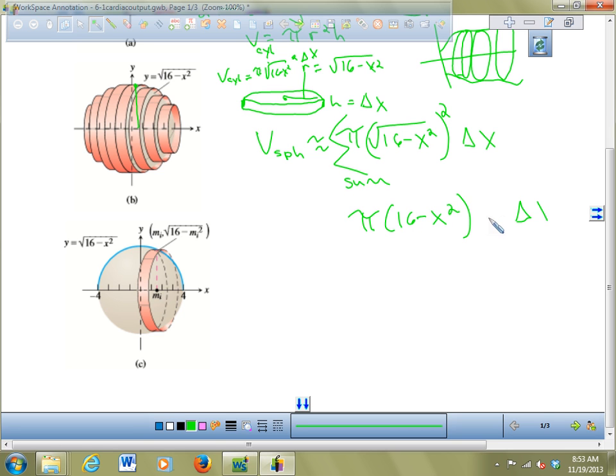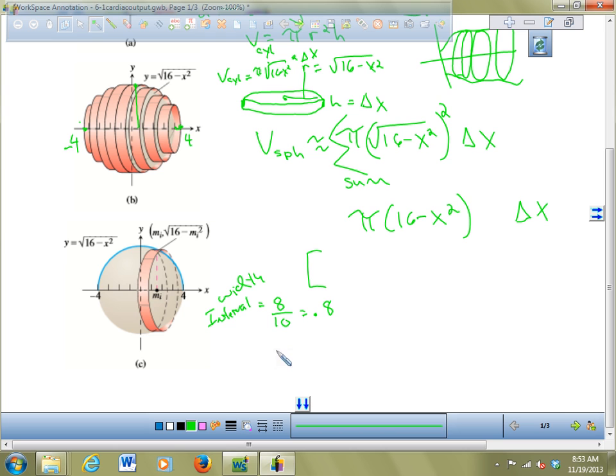If I want to use midpoint rectangles, my width of my interval from here to here is what? -4 to 4, right? So the interval is 8. I'm going to divide that by 10, okay? So my width is going to be 0.8.